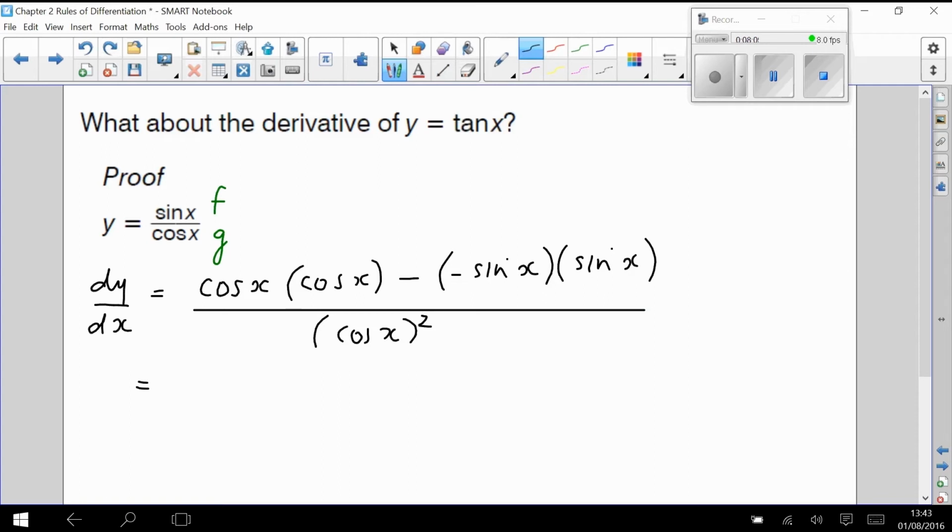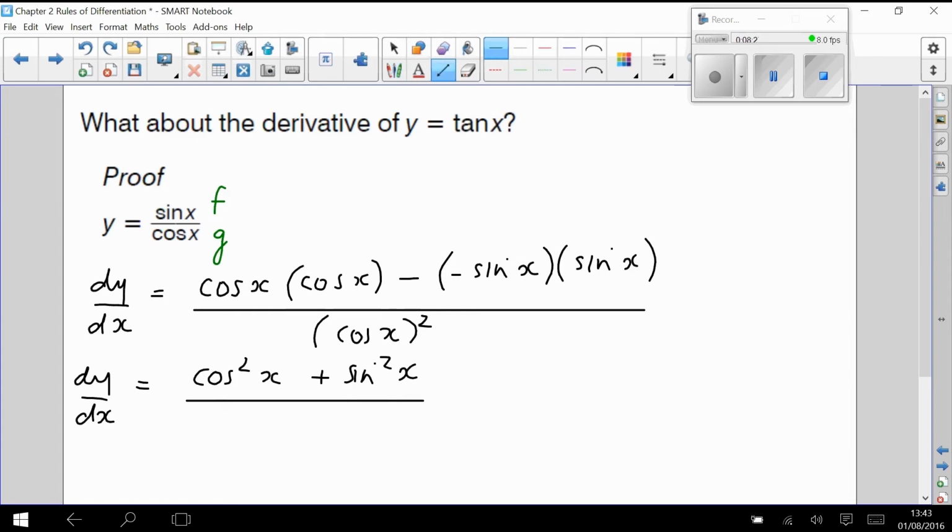I'm going to continue by simplifying this expression. And so the derivative of tan of x is actually going to be cos squared of x plus sine squared of x, and that is still all over cos x all squared, which I'm going to write as cos squared x.